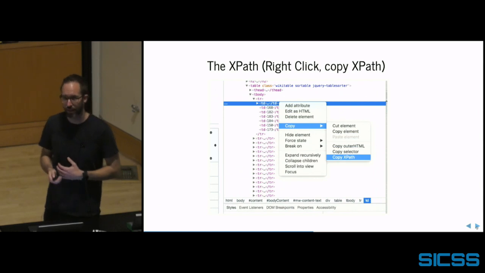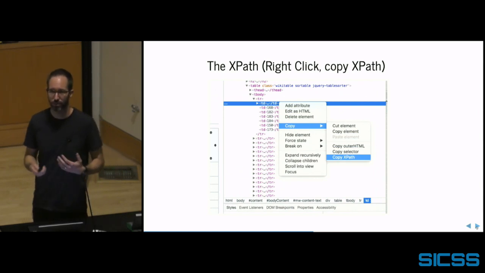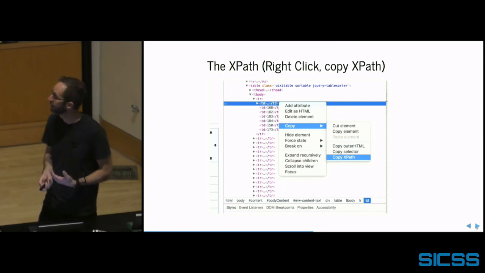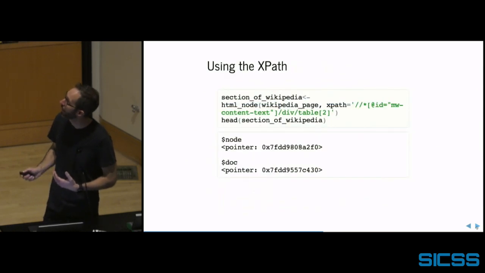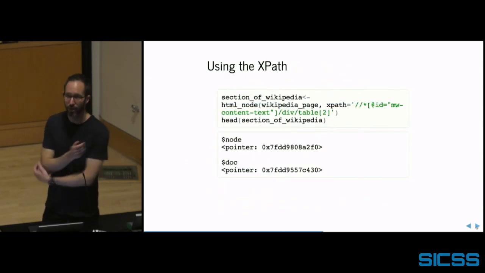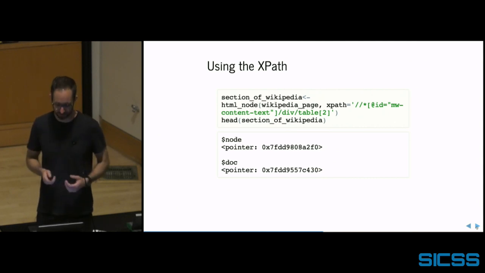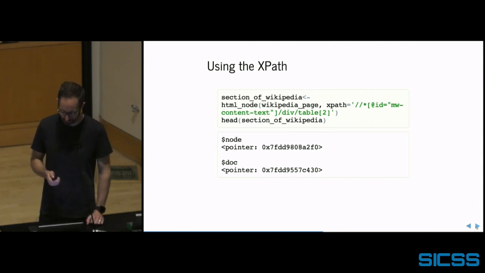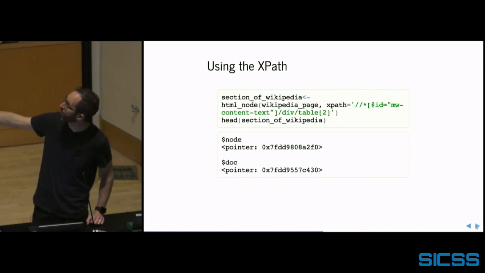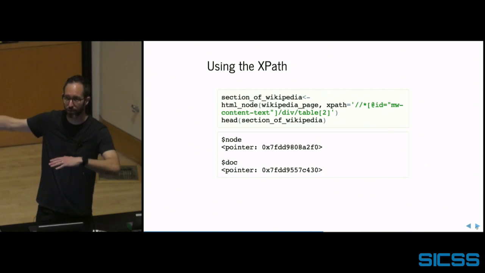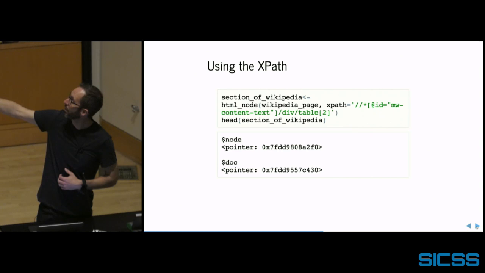But once we have the XPath, and again, this could take some time, especially for a much more complex site than Wikipedia, we can then use the XPath to navigate the object that we created in the previous step called Wikipedia page. So that's when we read in the source code. And now we can simply add an argument to the function html_node, which is a function that helps us parse the HTML, find the branch of the HTML where our data lives, and read in the XPath.